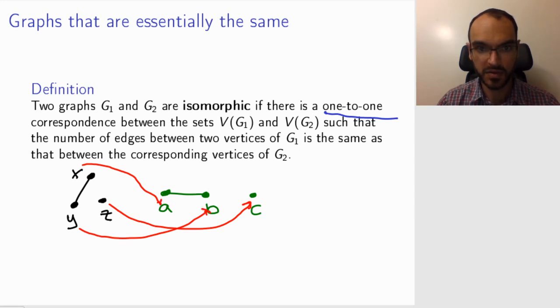we get a one-to-one map or one-to-one correspondence between the vertices of the XYZ graph and the vertices of the ABC graph.